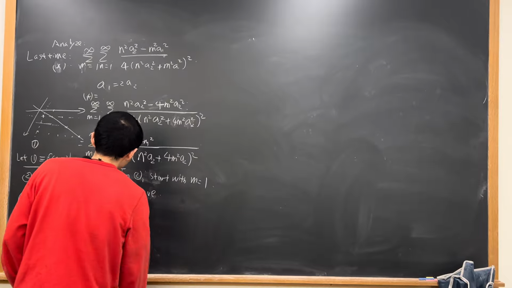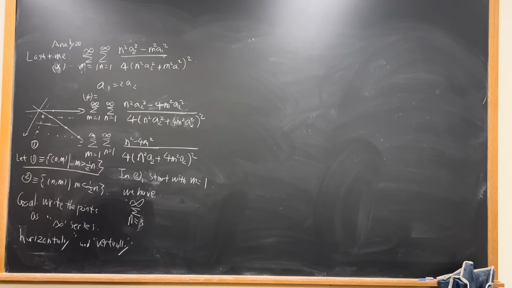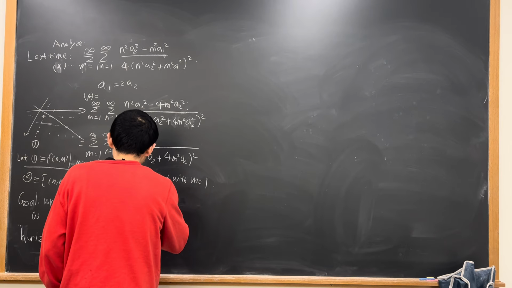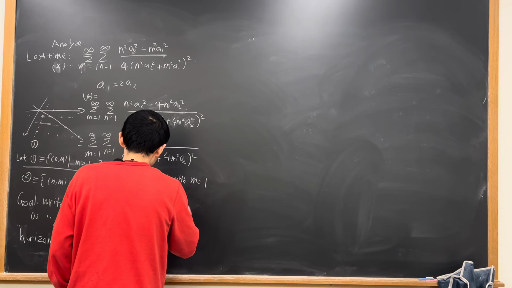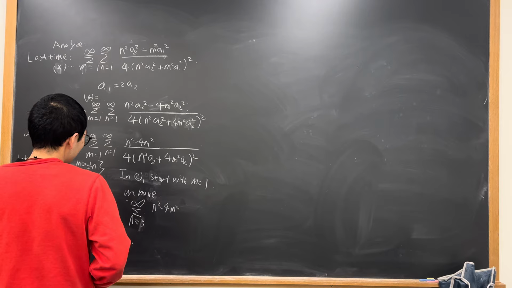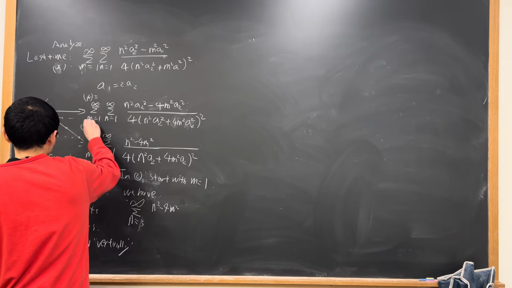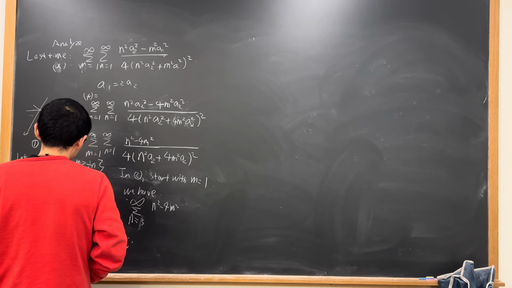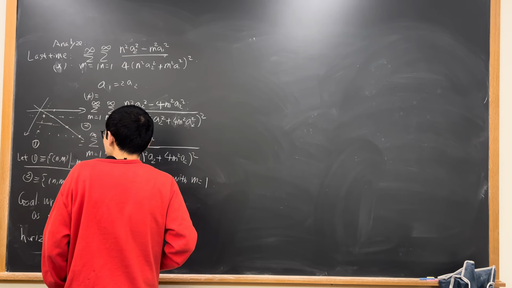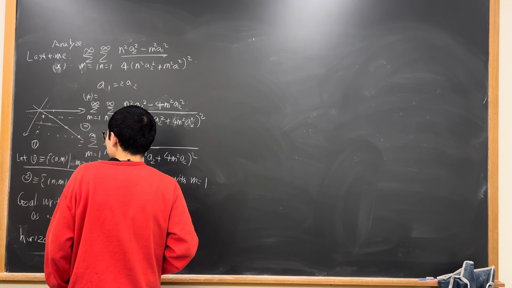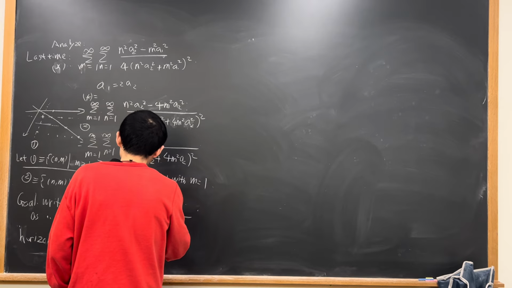This is the region where n squared minus 4m squared is positive.